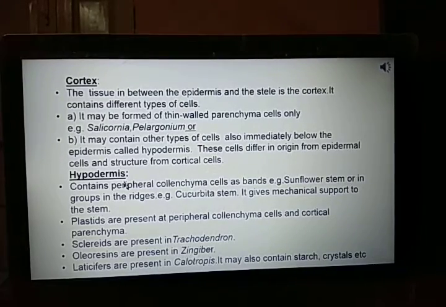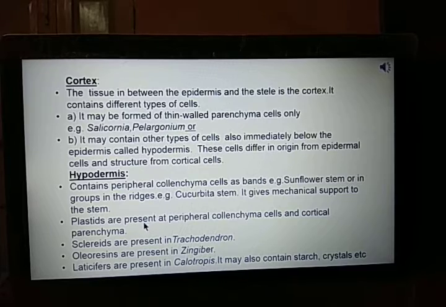It may contain peripheral chlorenchyma cells as bands as found in sunflower stem, or it may be present in groups in the ridges as found in Cucurbita stem. Whatever it may be, it gives mechanical support to the stem.